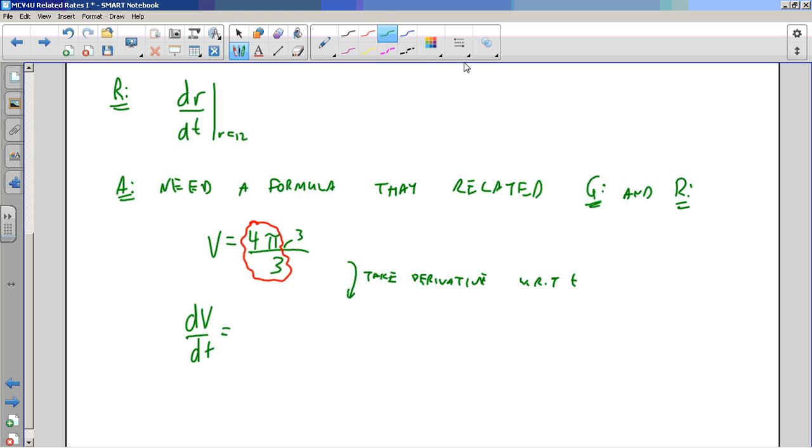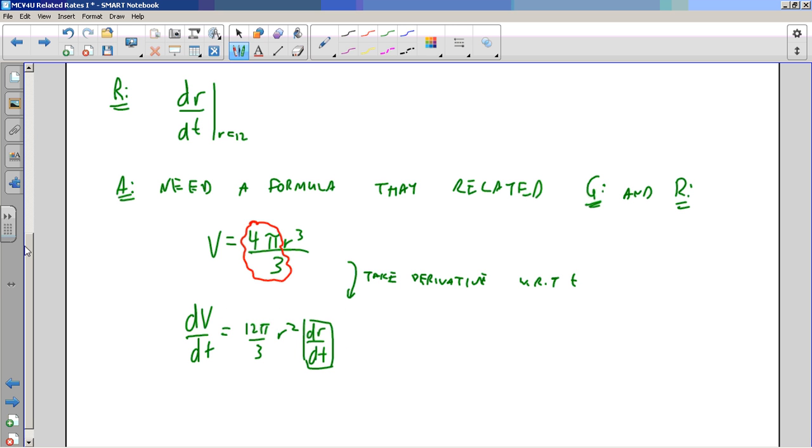And then when I take the derivative, the 3 comes down, and I got 12 pi over 3 is the number part. R squared, but remember, R is changing. It's a function of time as well, right? And in fact, that's the inside thing. I need to take the derivative of the inside thing, and there's my unknown, right? That's what I want to find right there. So that means I must know everything else.